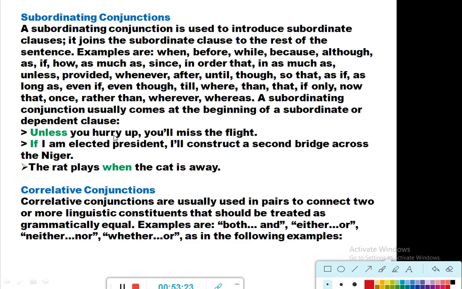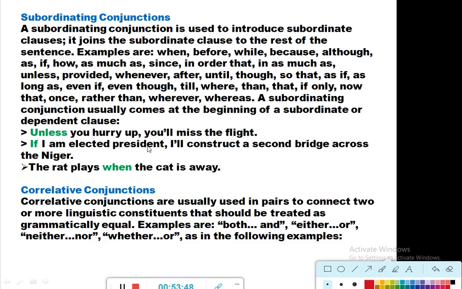A subordinate clause is a clause that cannot stand on its own, which is why it is called a dependent clause. In this sentence, which is a complex sentence, the main clause is you will miss the flight, and the subordinate clause is unless you hurry up. Then it begins with a subordinating conjunction.